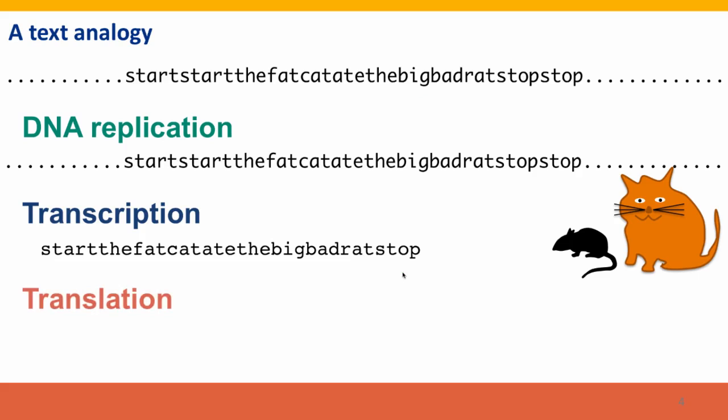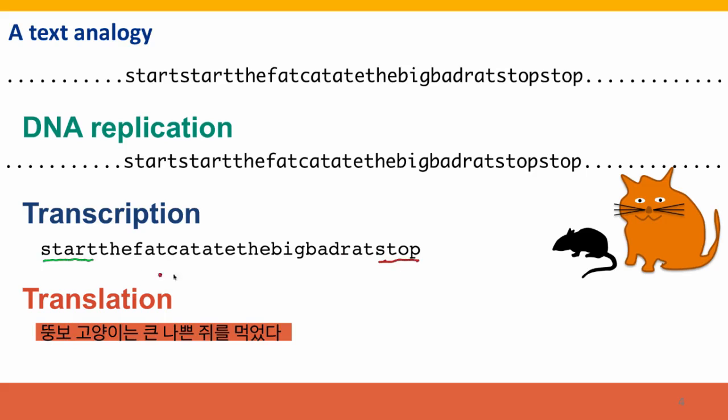And then translation takes this sequence, uses the start here signal and the stop here signal, and takes the information in between and translates it into a completely different language. In this case, I used Google Translate to translate it into Korean.